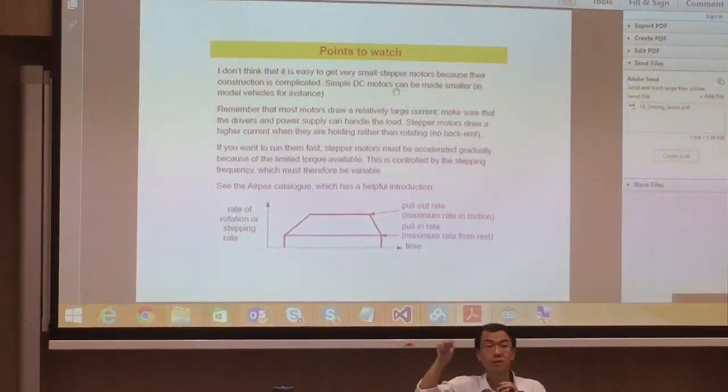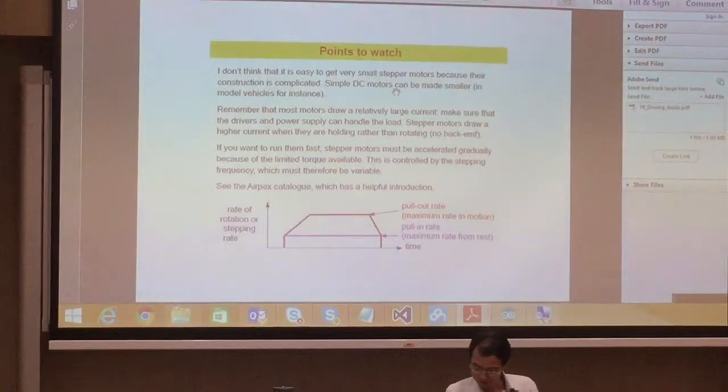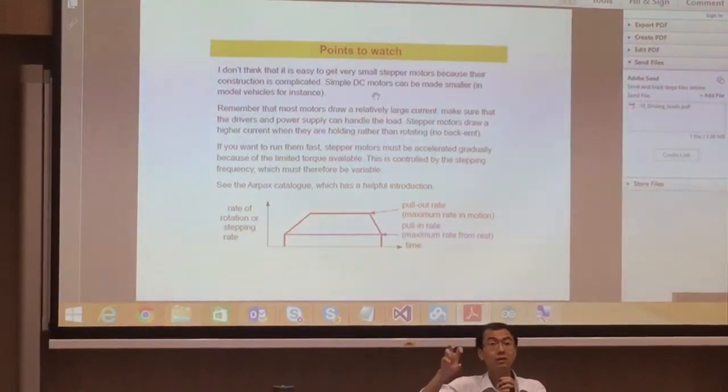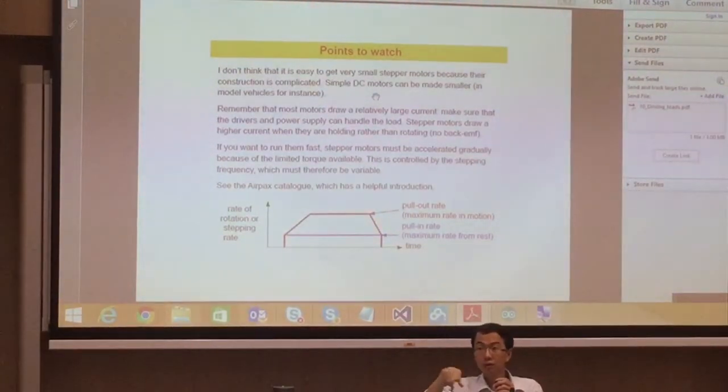For the DC motor, actually you can get a very small one, because inside the DC motor you only have one circular magnet. But for stepper motors, usually you cannot get a very small one.